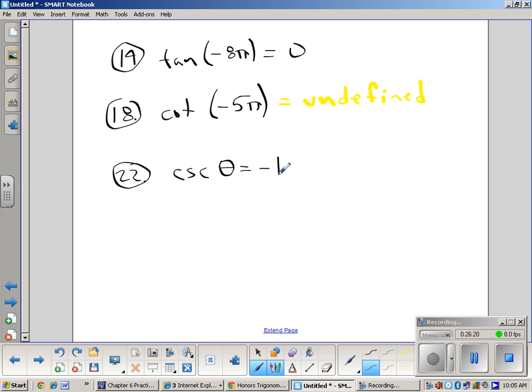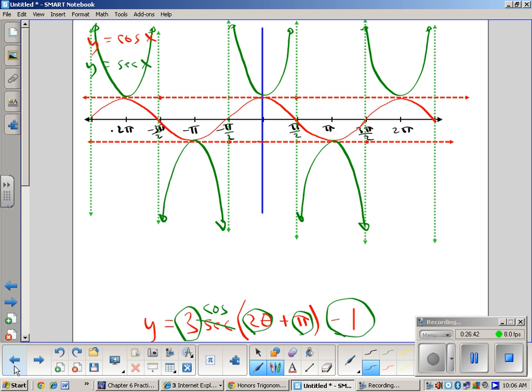No, we can do 23. It doesn't matter. It won't be hard for you after you look at this. Okay, so if we look at the secant graph, this is our secant graph. I changed my cosecant into secant, so we couldn't have looked at the graph for that one anyway.